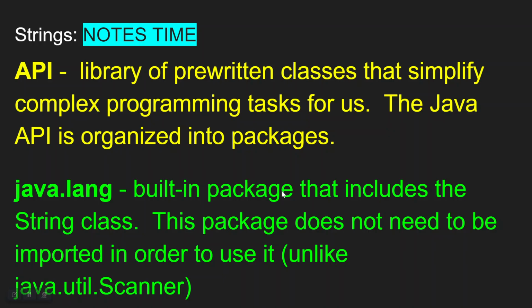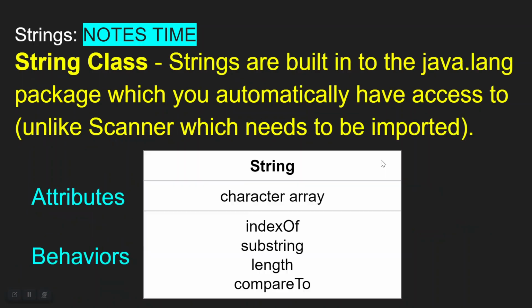This is a built-in package that includes the string class. So what that means is this class and all of its methods are readily available to us. This package does not need to be imported in order to use it. Unlike the Scanner class, where we have to import java.util.Scanner, java.lang is just available to us, and it includes the string class.